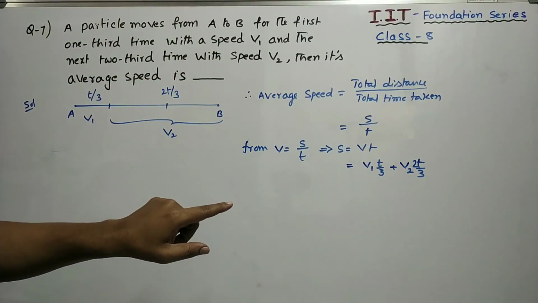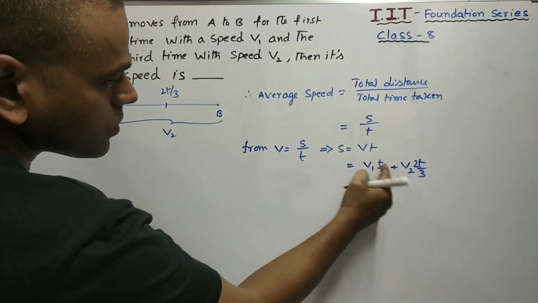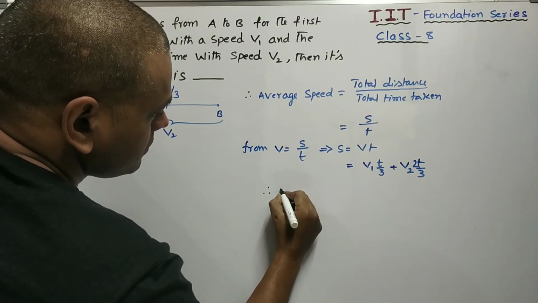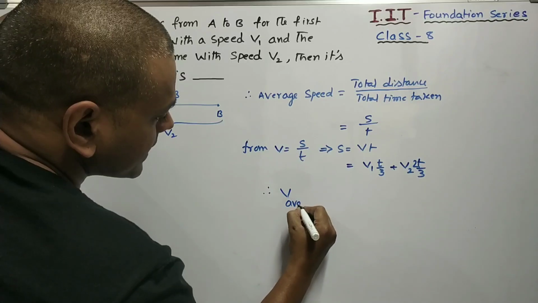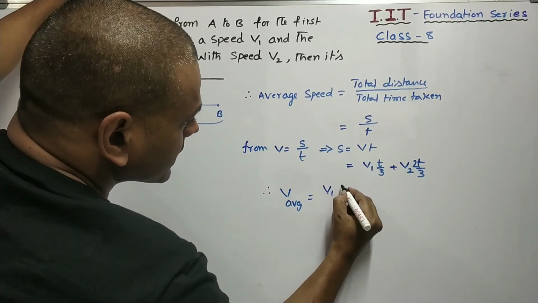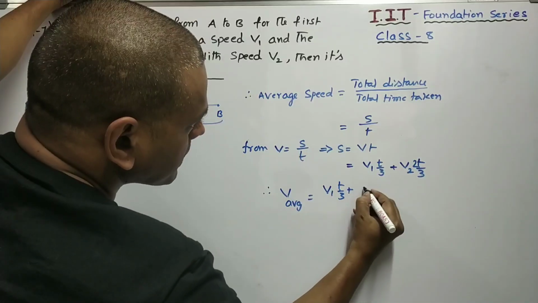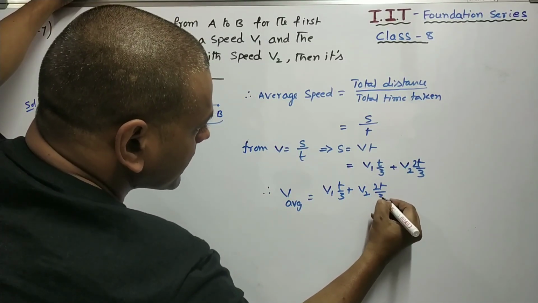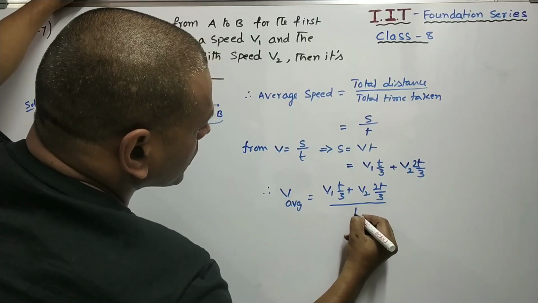This is the total displacement. Therefore, average speed v is equal to total distance, v1 t by 3 plus v2 into 2t by 3, by total time t.